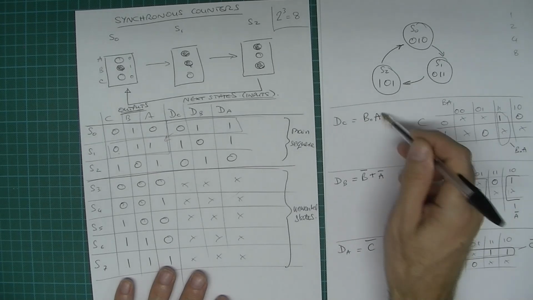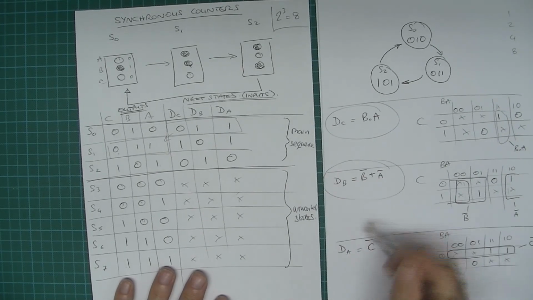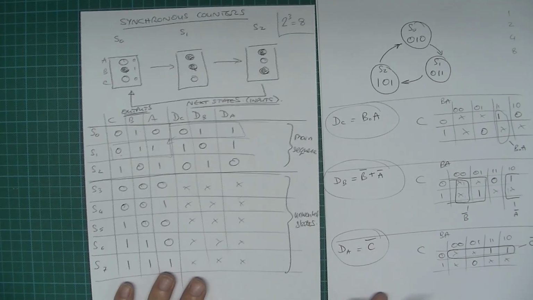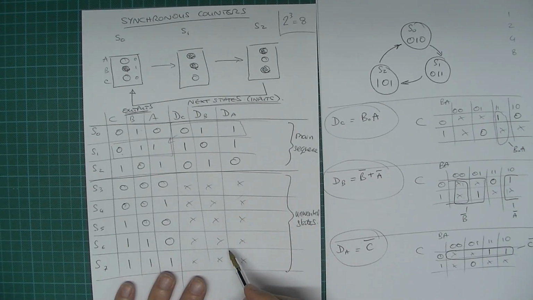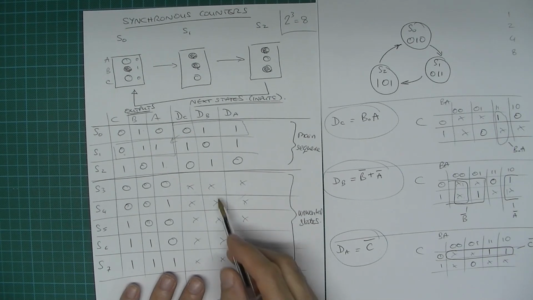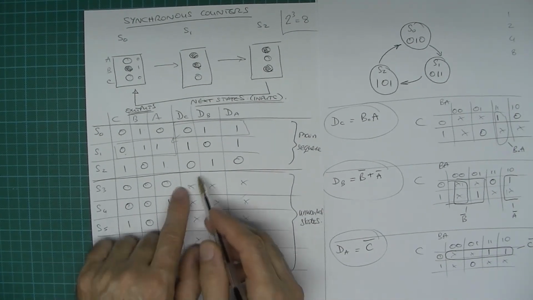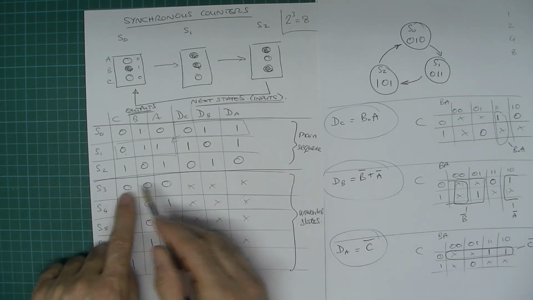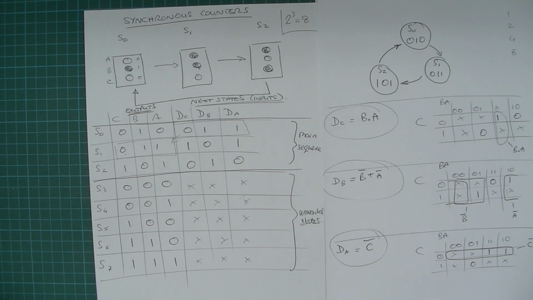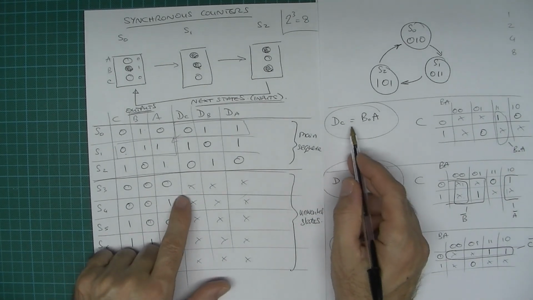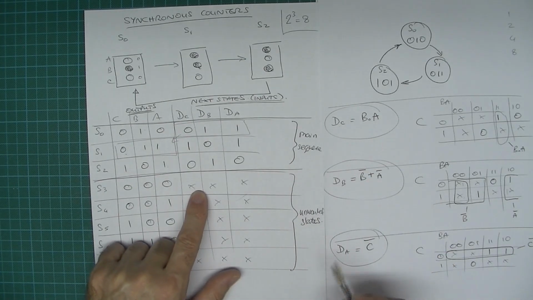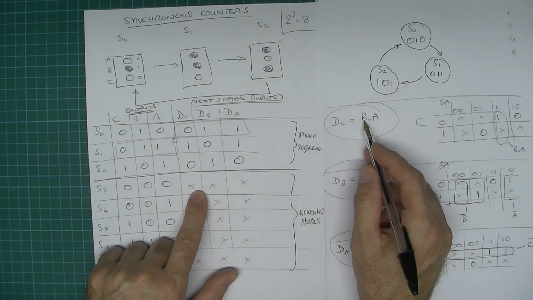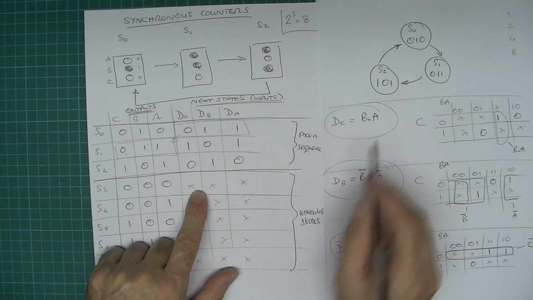So now that we've got these, we're ready for the next stage, which is applying these to the don't cares, and then we can populate those, so then we'll know that if we're currently 0, 0, 0, what the next state will be. So DC is what we've got to fill out in this DC column. And so DC is only going to be true when B and A is true.